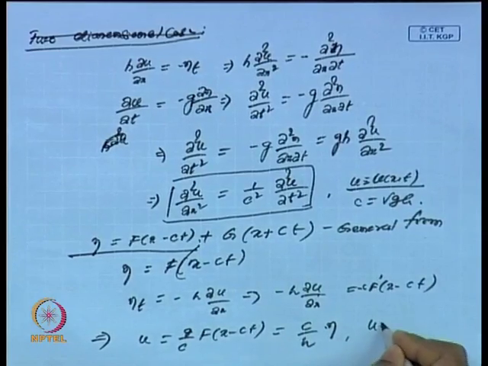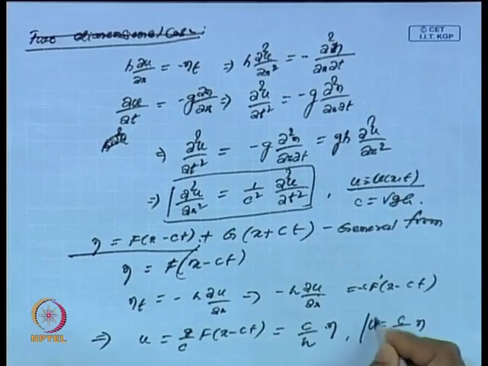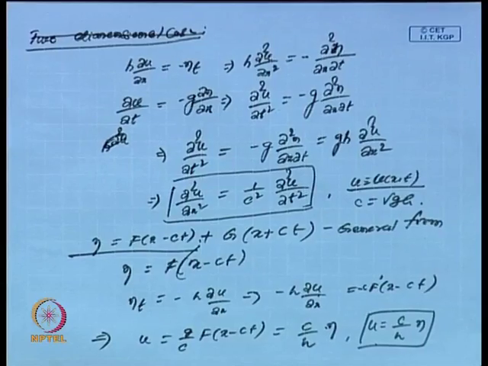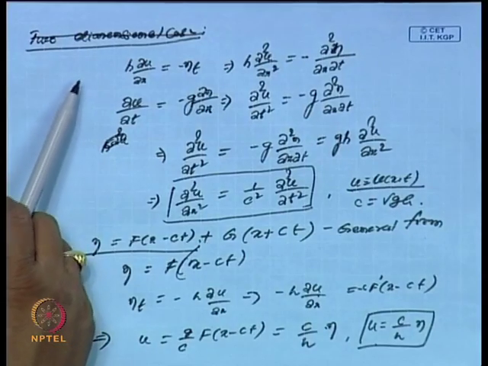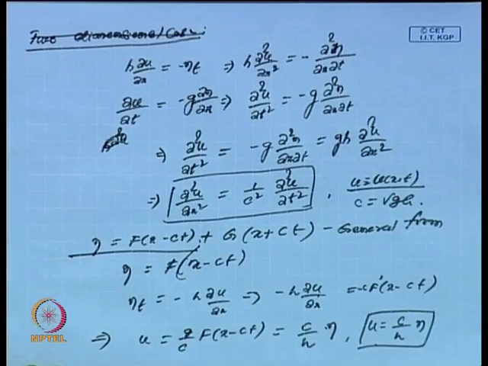So, which gives me u is equal to c by h into eta. This can be easily obtained, because obviously from here you are taking one derivative, and that will give us this.